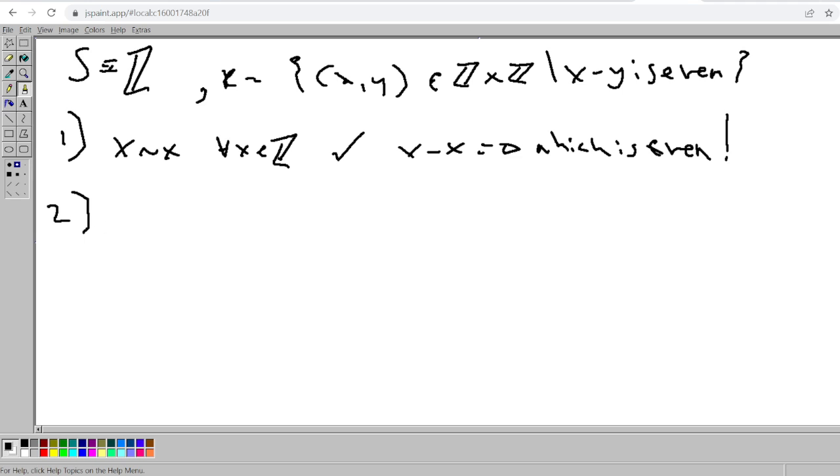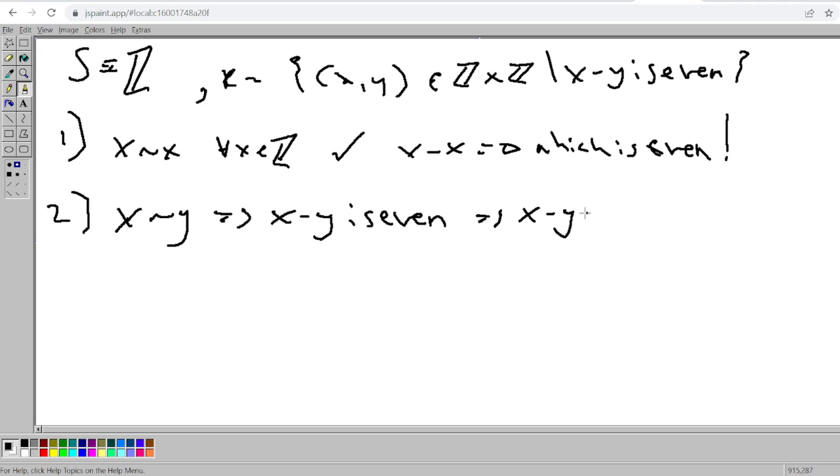Now we check symmetry. R is symmetric. We know that x related to y implies that x minus y is even, and we can define even using a definition where x minus y is equal to 2z for some z in Z. And we can flip the script.